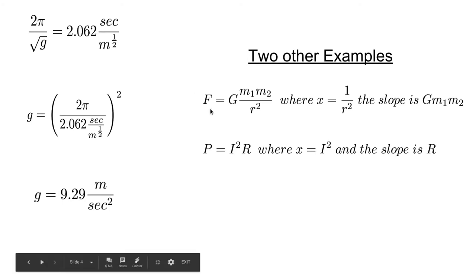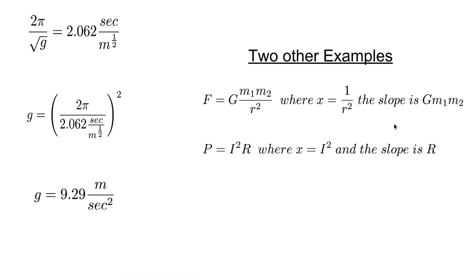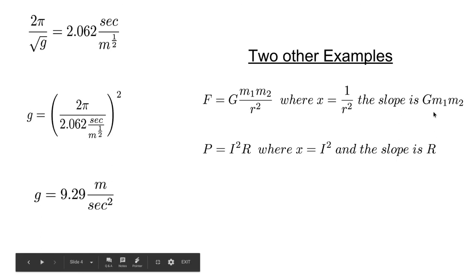Example, determining force between two objects. Instead of plotting r, plot 1 over r squared versus the force. The slope will be G times m1 times m2. Well, the masses of the two objects won't change, but you can now determine G with a little algebra, much like what we did for little g.